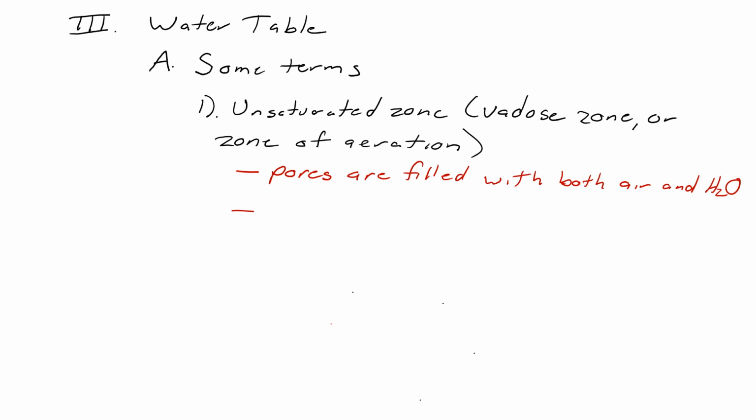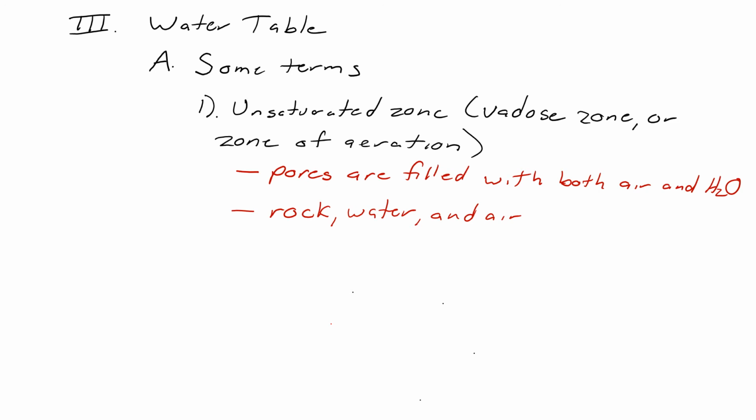So the way I like to think about it is the unsaturated zone has three things. It's mostly rock. This is a rock layer. But it also has some water and some air.